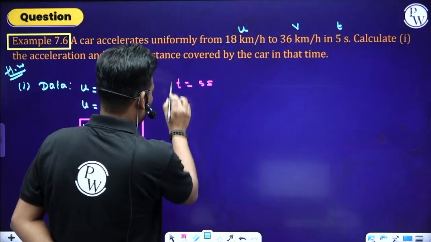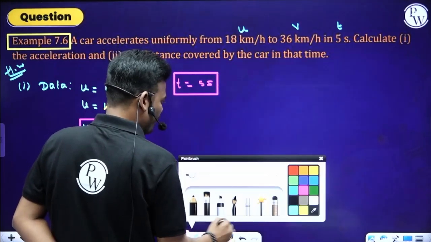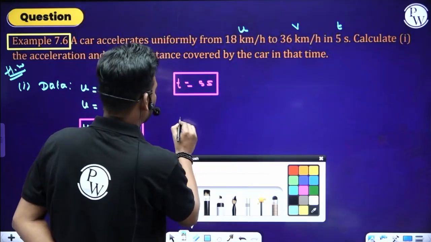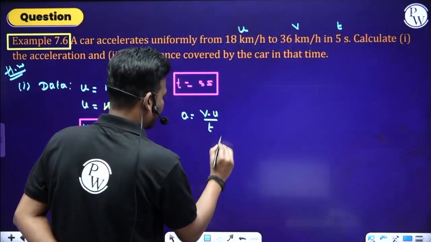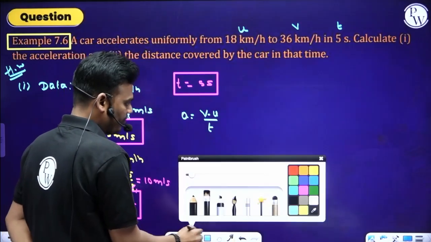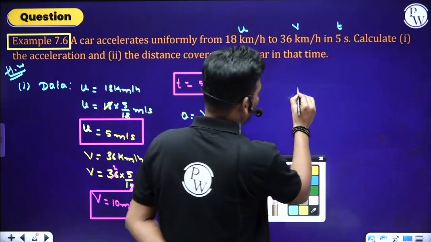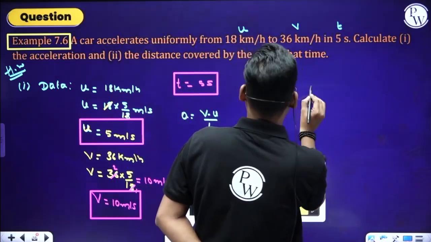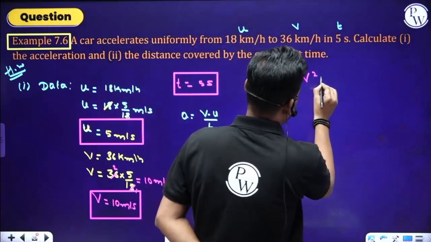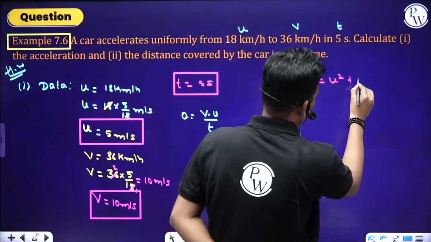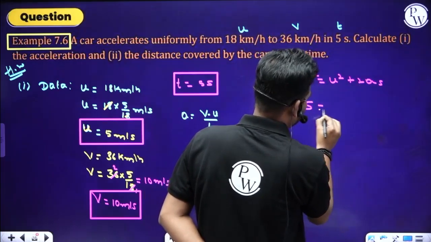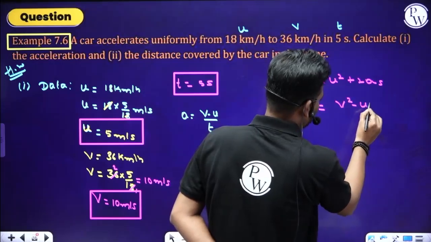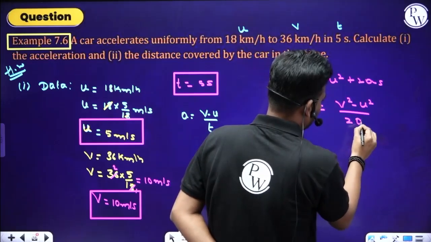Now first, to find the acceleration, we already know the formula: v minus u divided by t. Next, as you need to find the distance, you can use v square equals u square plus 2as. Rearranging, s equals (v square minus u square) divided by 2a.